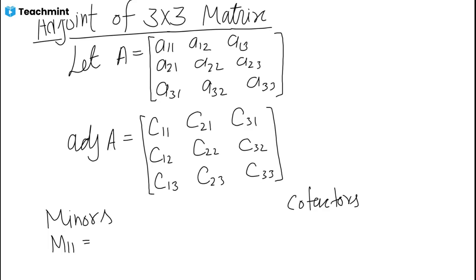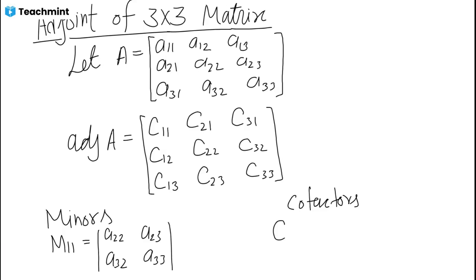So we leave these elements, and we take the rest. Earlier, to find the determinant, we did it only for one row. Now we need to do it for all. So M11: just leave the elements of the first row and first column and take the rest: A22, A23, A32, and A33.